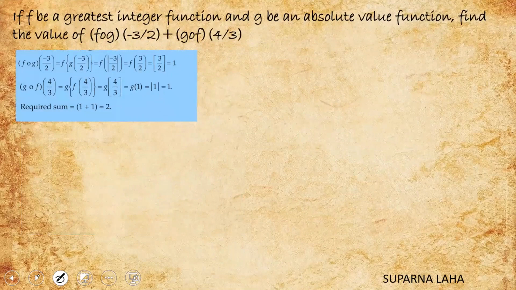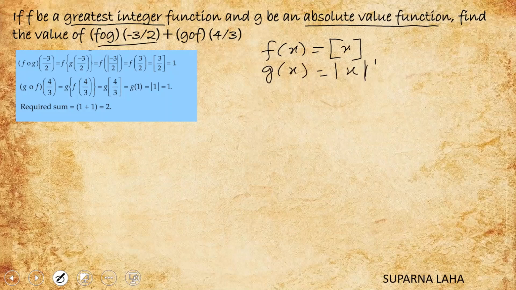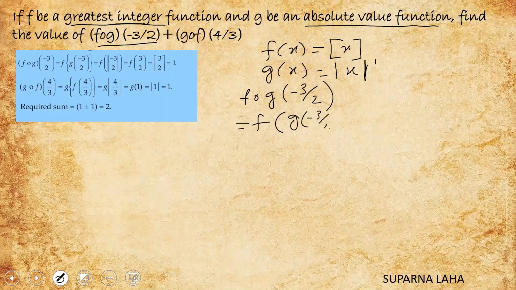So moving to the next problem. Here one function is given as the greatest integer function, and another function is given as the absolute value function. What is the greatest integer function? That is f of x is box x, and g is the absolute value function, that is g of x is mod x. Now you need to find f∘g of minus 3 by 2, that is f of g of minus 3 upon 2.